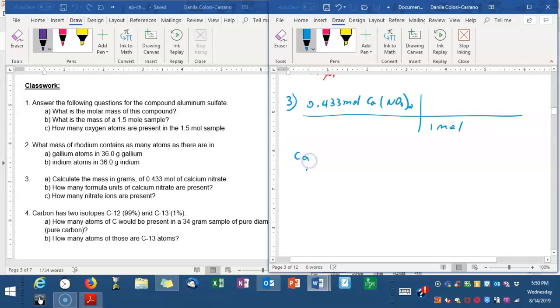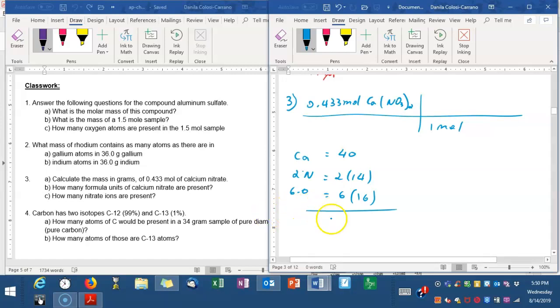So you have 1 calcium, you have 2 nitrogens, and you have 6 oxygens. So calcium is 40, 2 nitrogens, that means 2 times 14, and this is 6 times 16. You add them up because every single one of those goes on the scale.